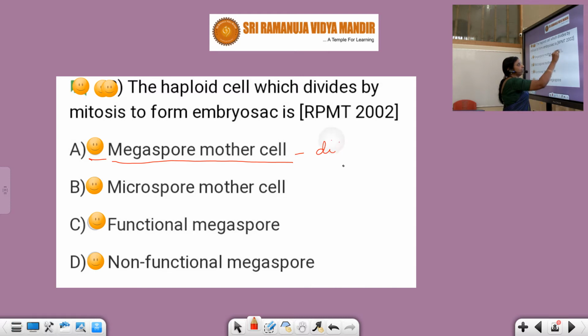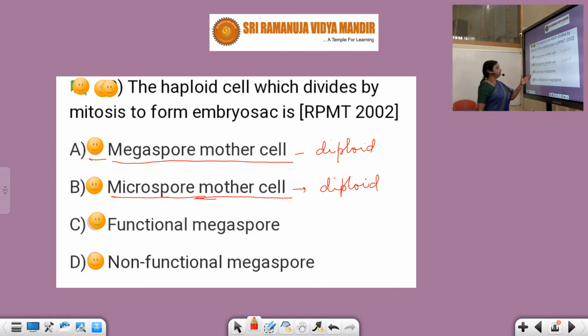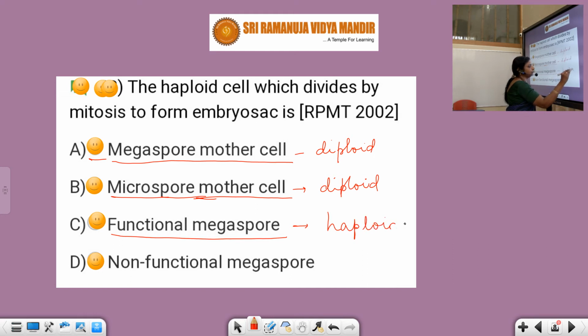So A is not the answer. Next, microspore mother cell, which forms microspores. Here also the mother cell is not haploid, it is diploid. So B is not the answer. Let's see functional megaspore. Of course, this functional megaspore is haploid, so the first point is satisfied here.